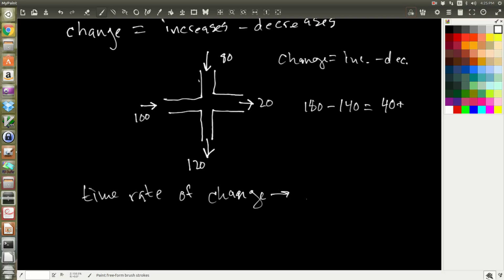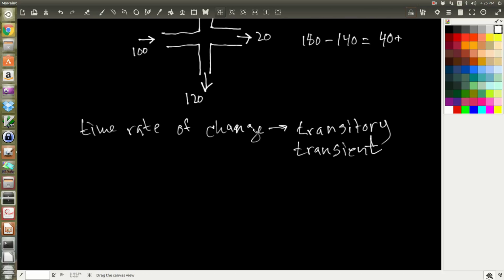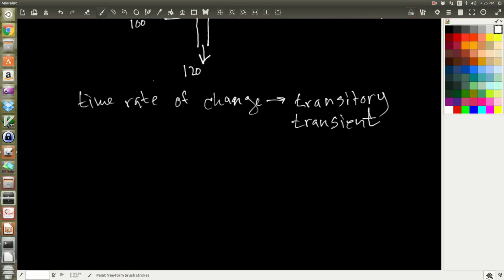We call it transitory behavior, transitory or transient. And it usually involves the time derivatives of some property.